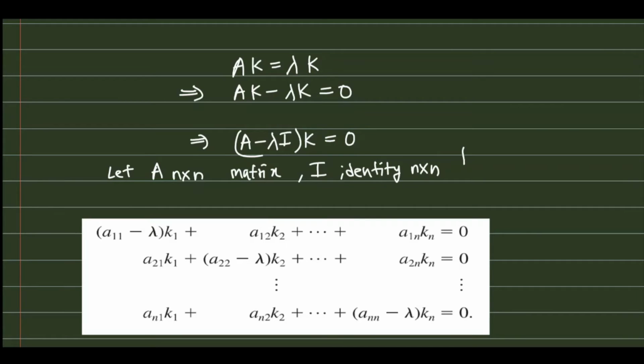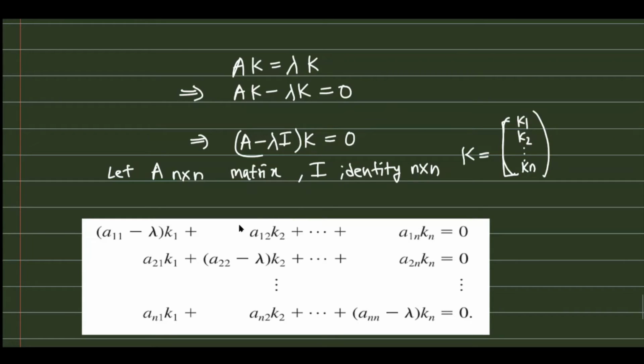And what is K? K is a column matrix consisting of K1, K2, etc., Kn, n elements. So in matrix form we have (A minus lambda I) K equal to 0. If I write it as a system of equations, we will get it like this.